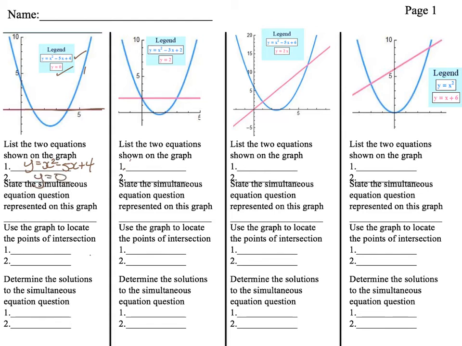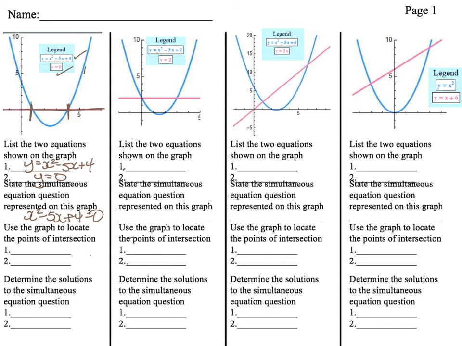The simultaneous equation question represented by this graph will be where those two equations are equal to each other. So where x squared minus 5x plus 4 would be equal to 0. And we use the graph to locate the points of intersection. So they intersect here and they intersect here.